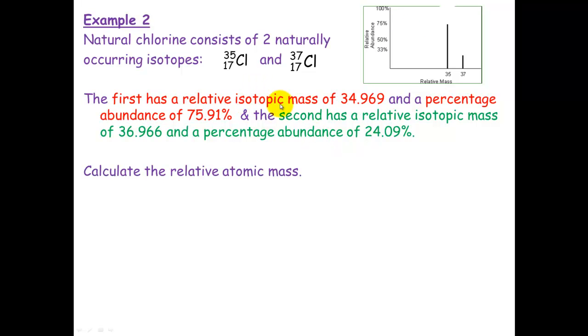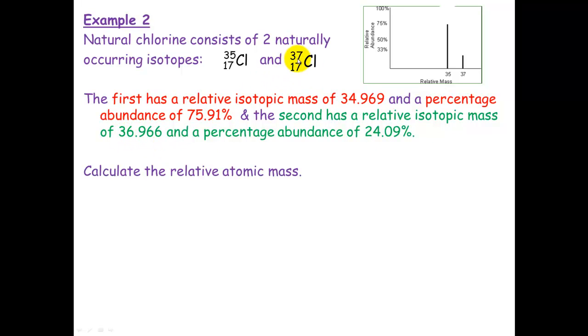The relative isotopic mass of Cl35, to be exact, is only 34.969. Okay, it's not exactly 35, it gets written as 35 though. Its percentage abundance is 75.91. The second, Cl37, has a relative isotopic mass of 36.967.